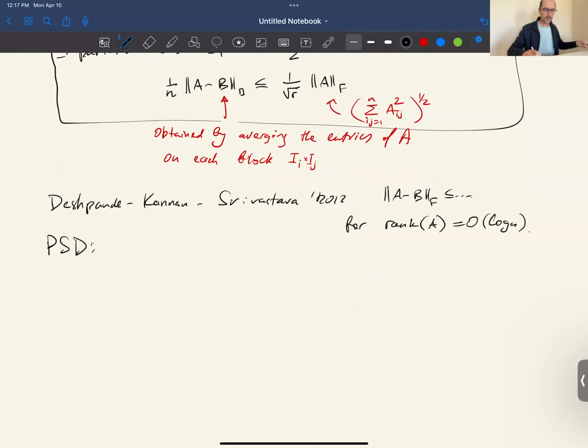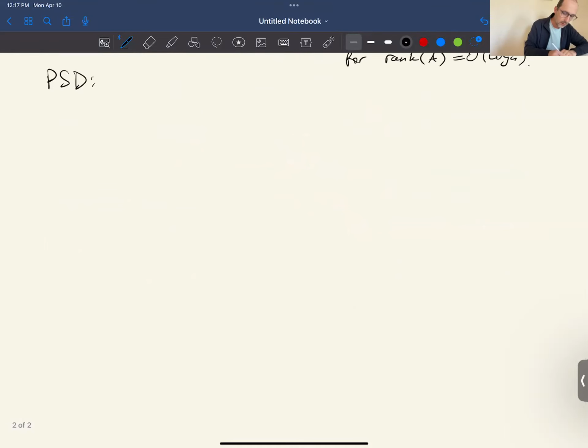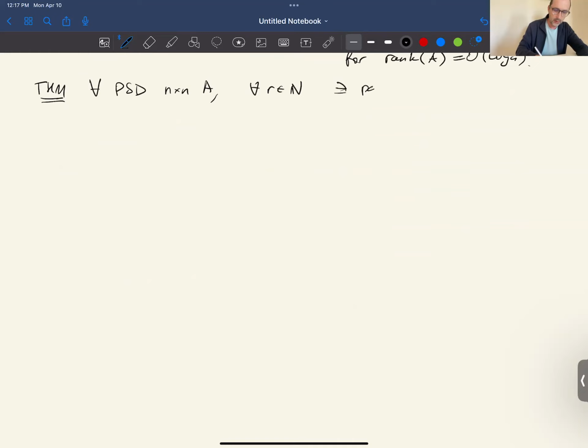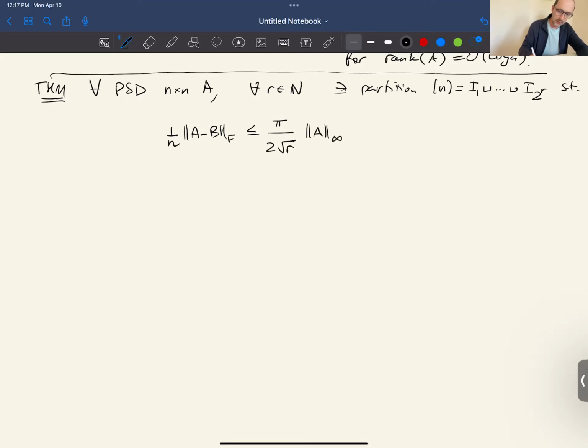Here we go. So here's our result. Theorem. For any positive semi-definite n by n matrix A, and for any desired number of parts, just like before, there is a partition into 2 to the r parts, such that, and here we have the Frobenius norm, I will divide this by n, and it is less than 2 root r times the max entry.